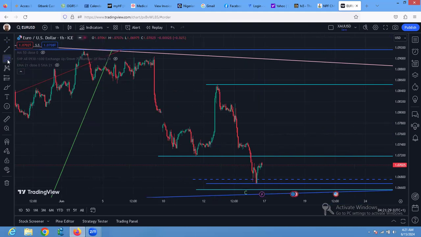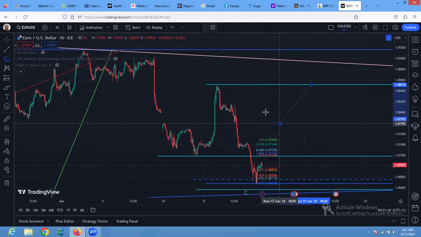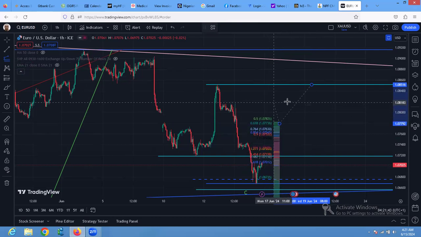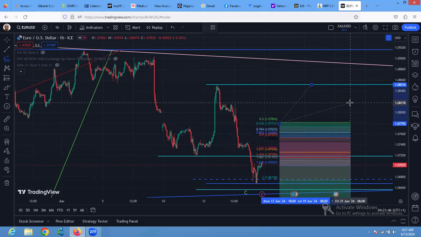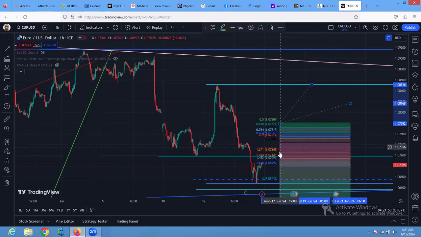If you had wanted to do a 100% extension from here to pick your buy from this low up to this point, this height here, you will know that your 100 can be here.